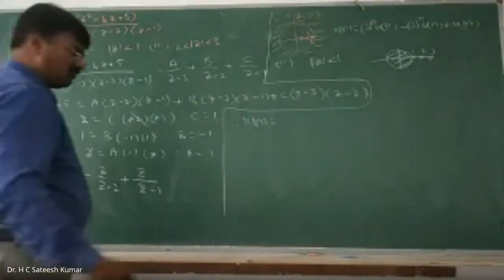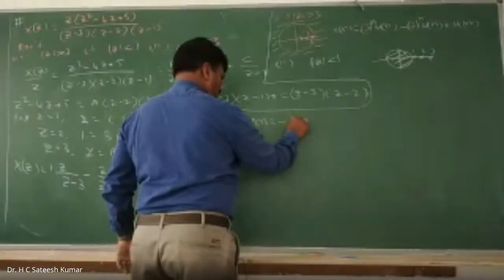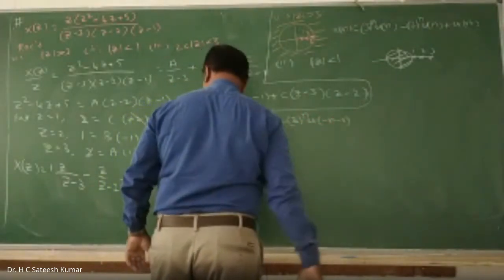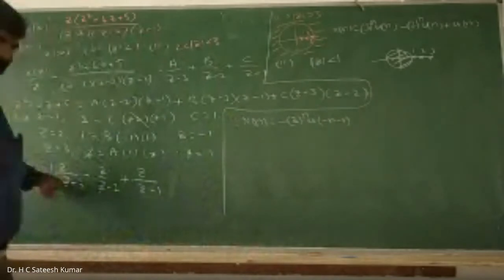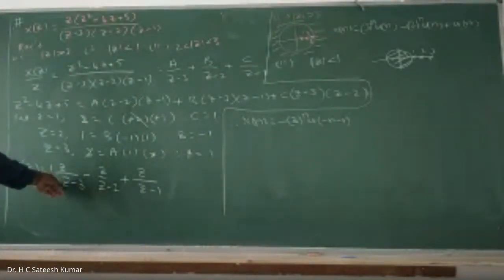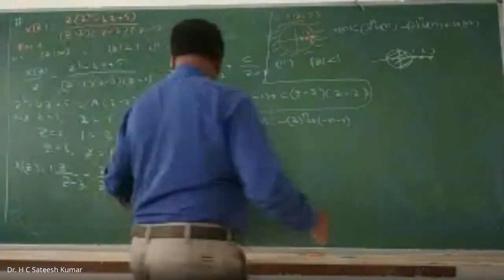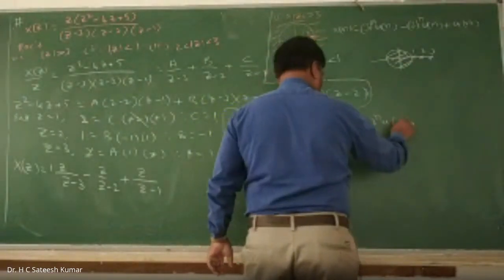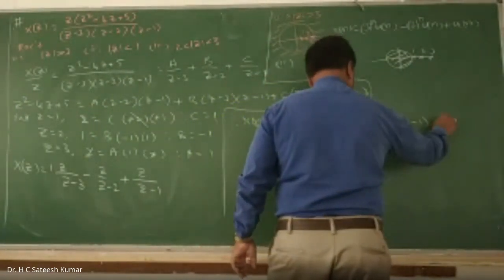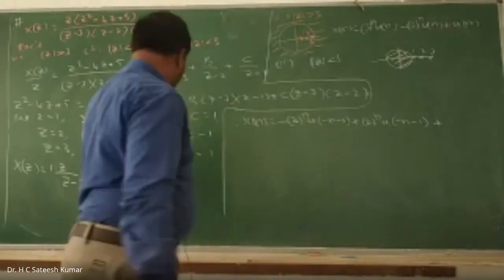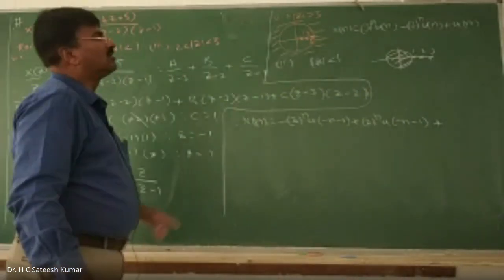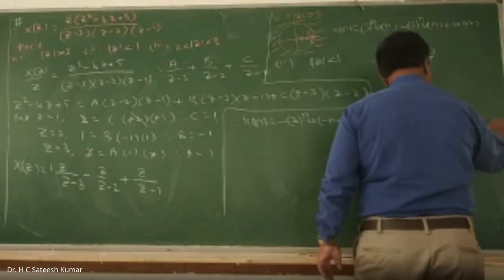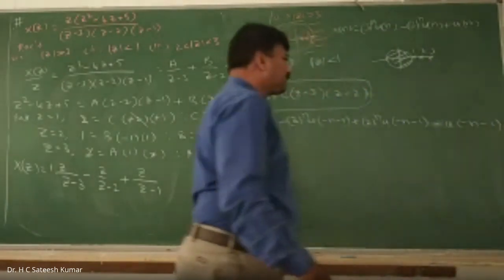Left-handed means minus, standard format: minus 3 power n into u of minus n minus 1 for z divided by z minus 3. This minus is there already, so minus of minus is plus 2 power n into u of minus n minus 1, plus z divided by z minus 1 from the table, left-handed sequence, minus u of minus n minus 1. That's how we should do it.